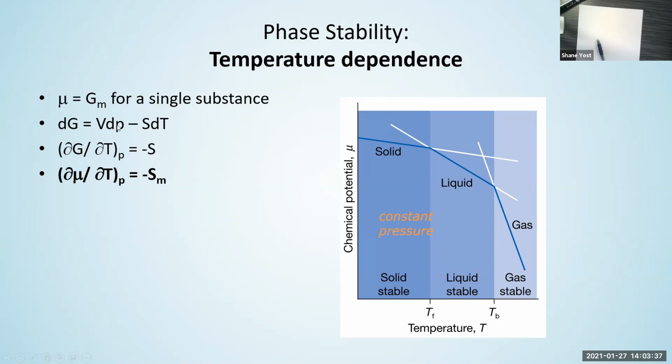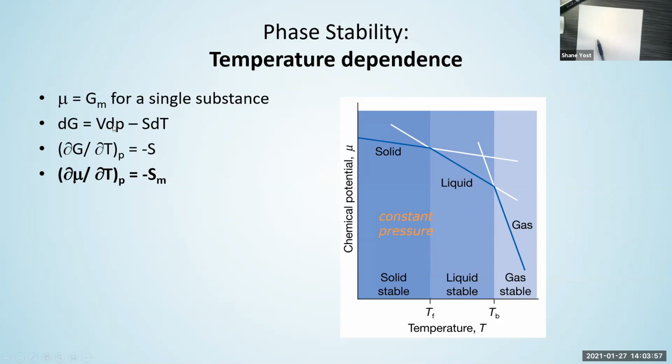So take the derivative of this equation with respect to temperature, and set pressure to be constant. That subscript P indicates constant pressure. You don't need to worry too much about these partial derivatives. I'm just showing you where these relationships come from.